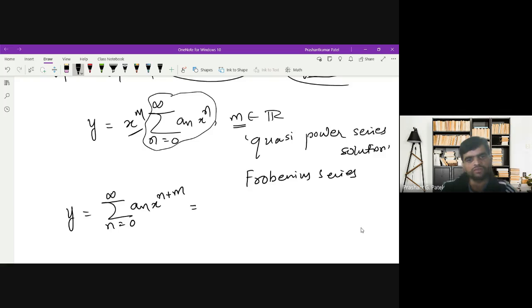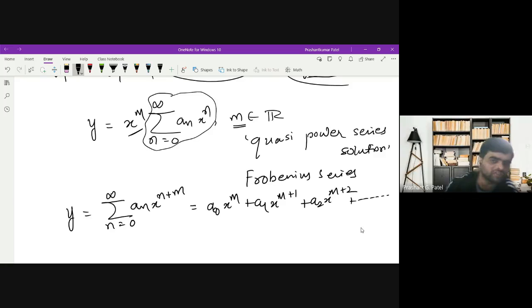If you expand this, it will be a0 x raised to m plus a1 x raised to m plus 1 plus a2 x raised to m plus 2, and so on. This is the series you have.